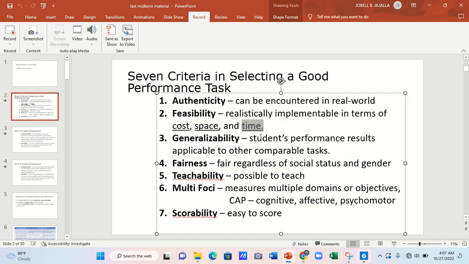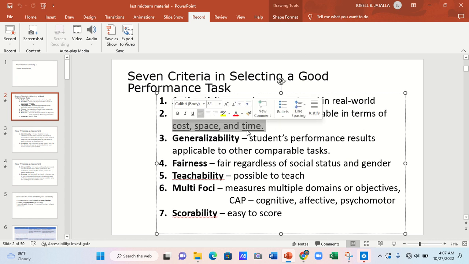So with feasibility, we have to consider it most especially. Your activity is worthless, even if it has good intentions and bears good outcomes later on, if it cannot address feasibility in terms of cost, space, and time all together.